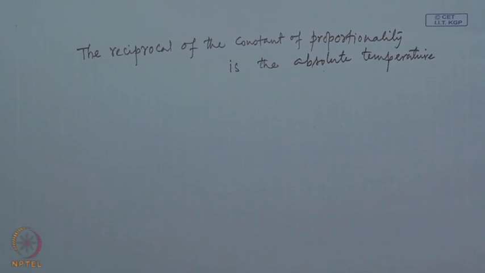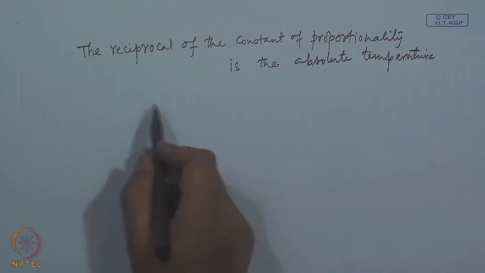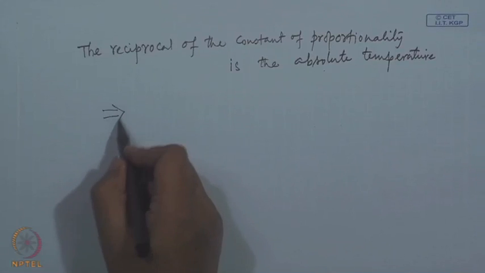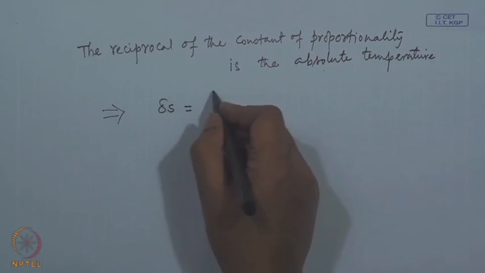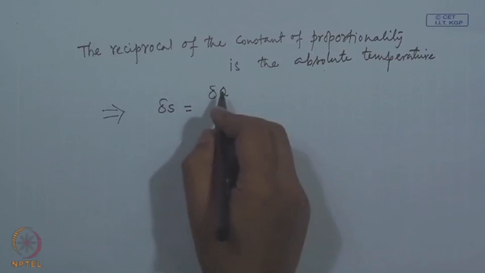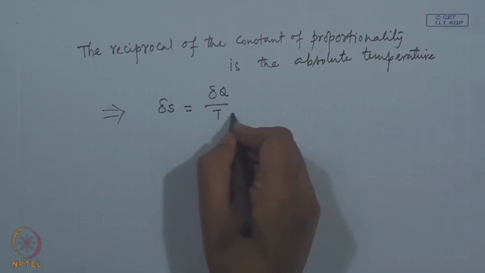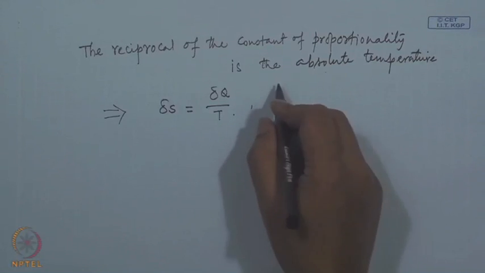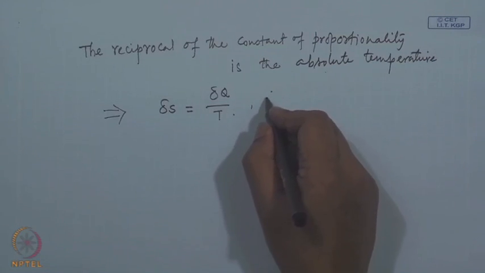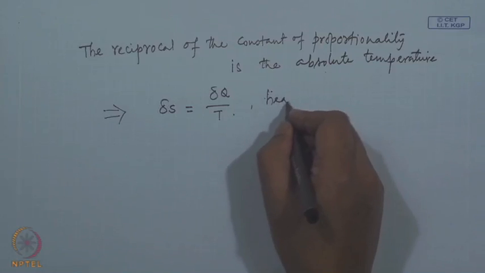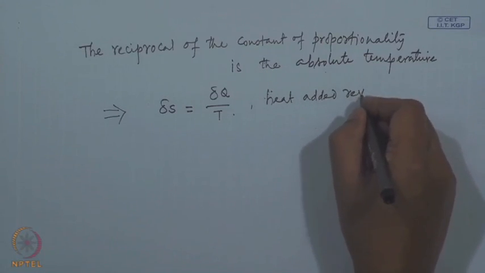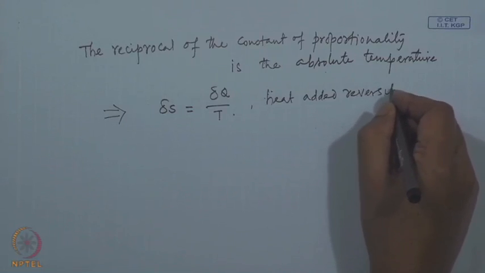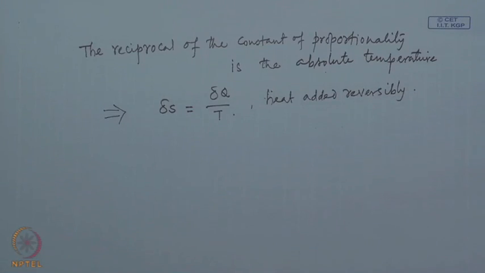So, you see that it defines the absolute scale temperature also, and mathematically this is written as that the change in entropy delta S is delta Q by T, heat added reversibly.